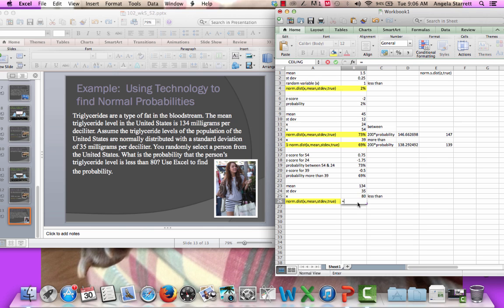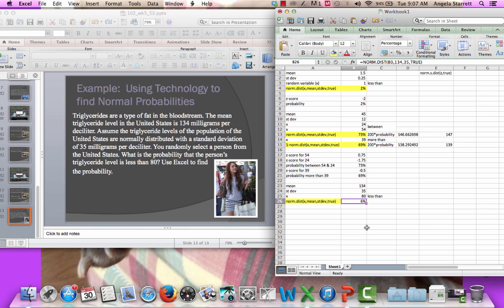We just need to do equals, since we want the area less than or to the left, norm dot dist of my x 80, then my mean 134, then my standard deviation, and then true. And you can see that if we pick someone at random, the probability is 6% that the person's triglyceride level is less than 80.